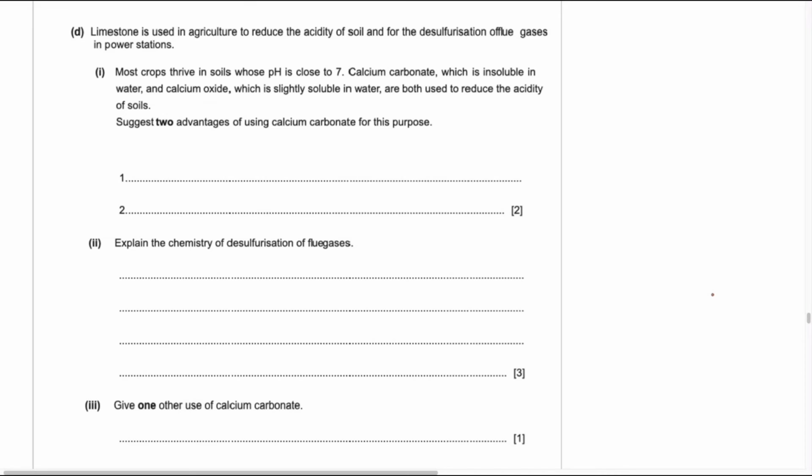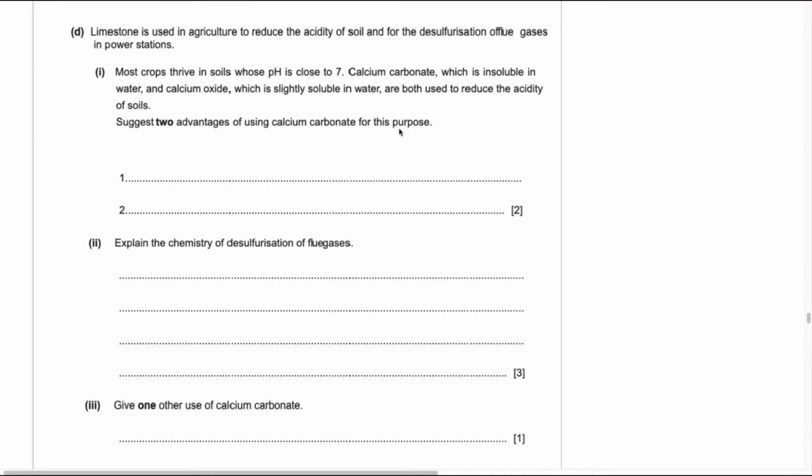Most crops thrive in soils whose pH is close to 7. Calcium carbonate, which is insoluble in water, and calcium oxide, which is slightly soluble in water, are both used to reduce the acidity of soil. So there are 2 advantages of using calcium carbonate for this purpose.